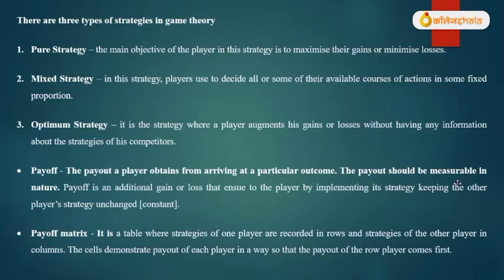Very easily, in case of optimum strategy, the player who is choosing between the strategies, options or choices is very much unaware of the strategies of the competitors. That means if there are two players, one has no idea about the strategy taken by the other, and vice versa.